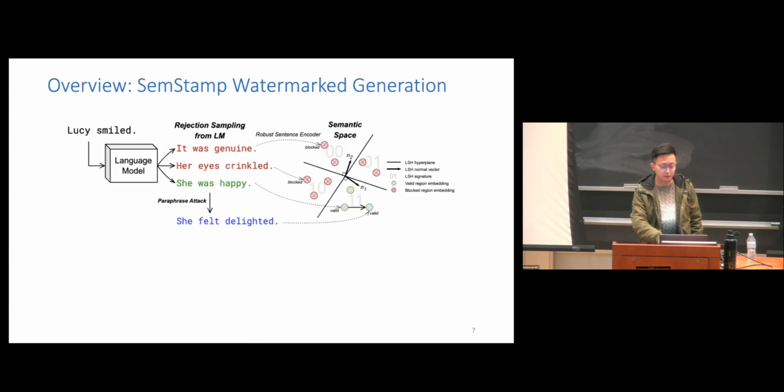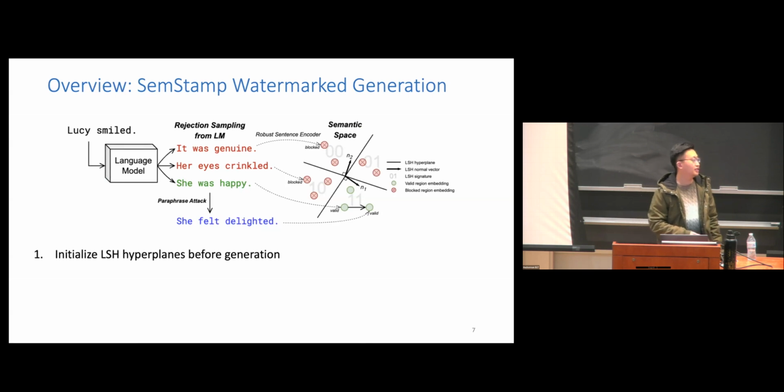The overview of our algorithm is a combination of rejection sampling from the language model and also the encoding and hashing of the semantic space. The first step, before you generate anything, is to initialize the LSH hyperplanes, which then stay fixed over the generation process. This initialization is private, so only known to the LLM provider.